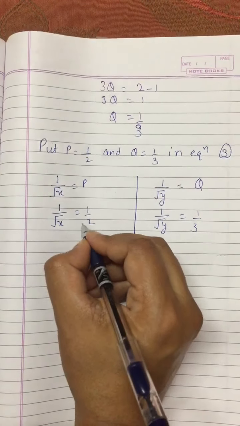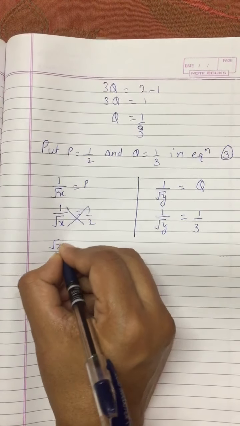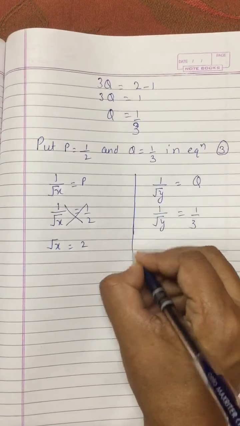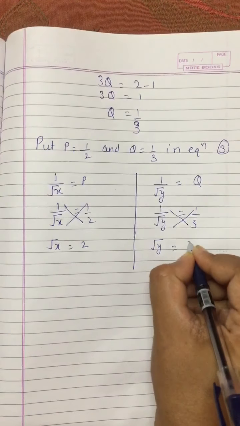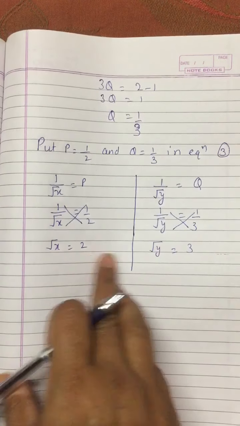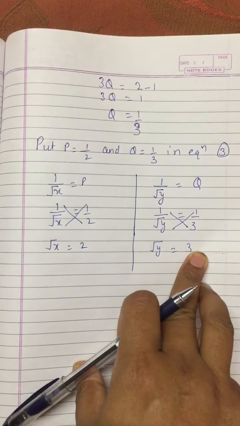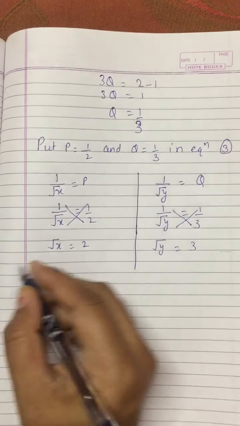Now do the cross multiplication. That gives root x equals 2, and for 1 over root y, again by cross multiplication, root y equals 3. Now the value of root x is 2 and the value of root y is 3. But to solve the equations we want the values of x and y only. So what will I do?